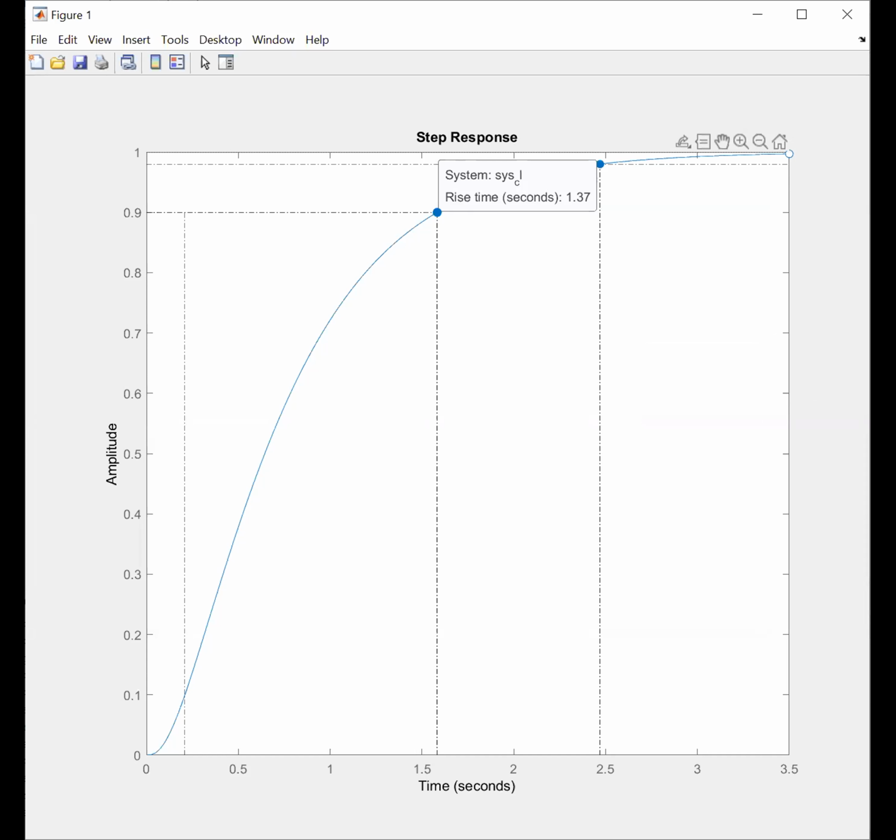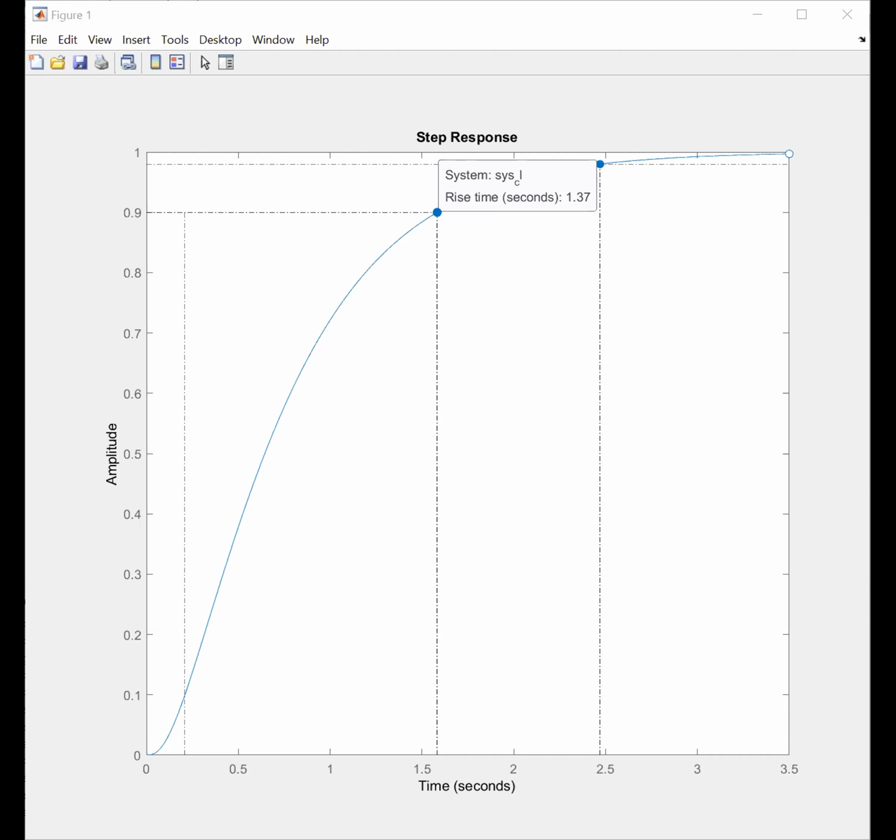So you can try with gain k is equal to 350. So run this code. And see what happens now.